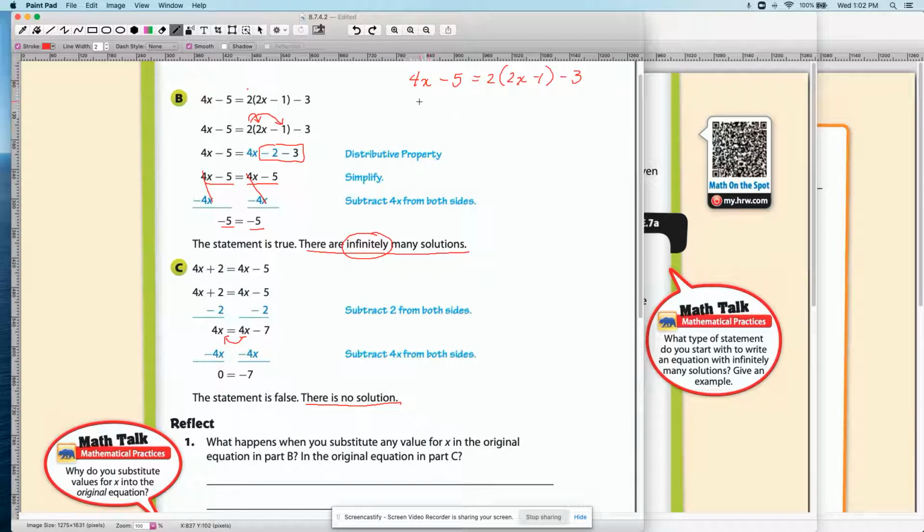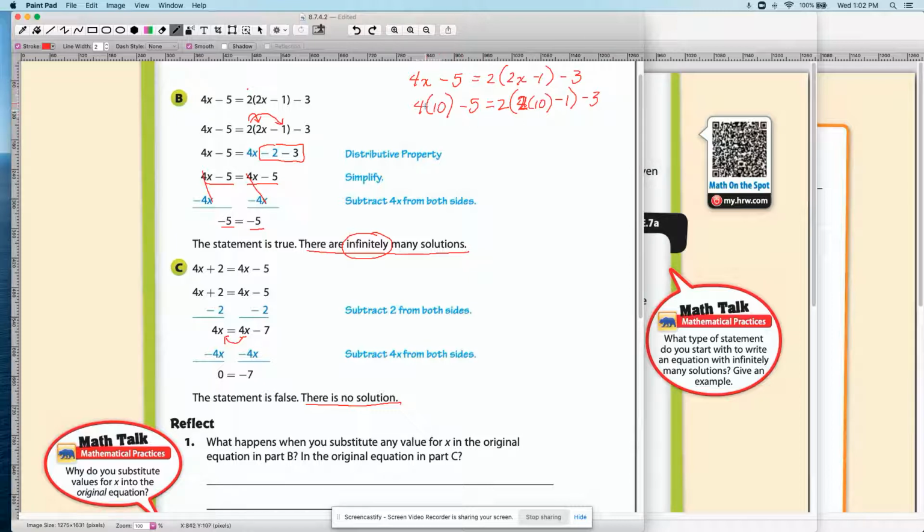I'll choose 10. So I'll say 4 times 10 minus 5 equals 2 times (10 minus 1) minus 3.